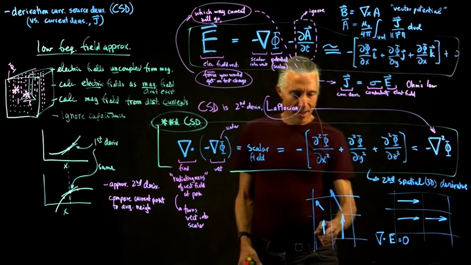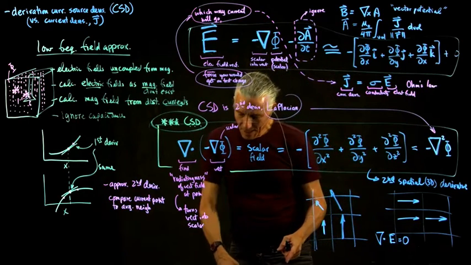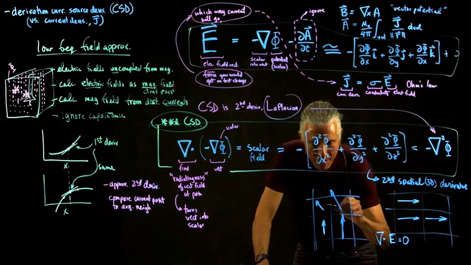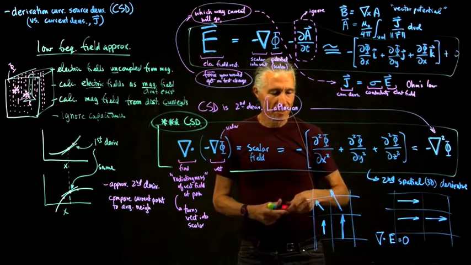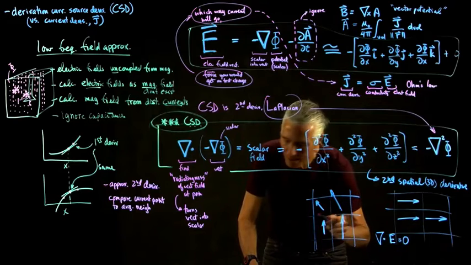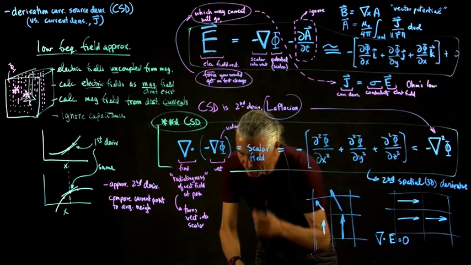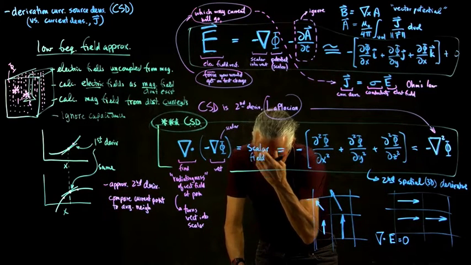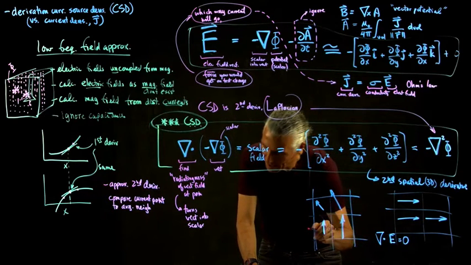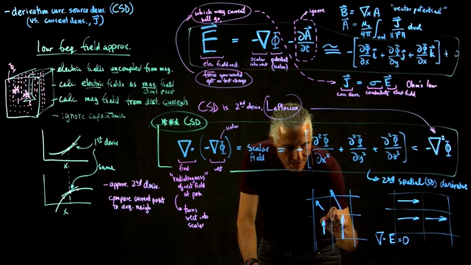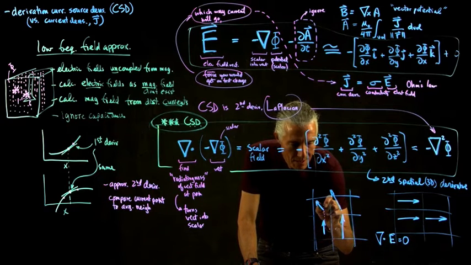Here what happens is we've got to break these vectors up into their components. So we're comparing basically this guy to this guy and this guy to this guy.